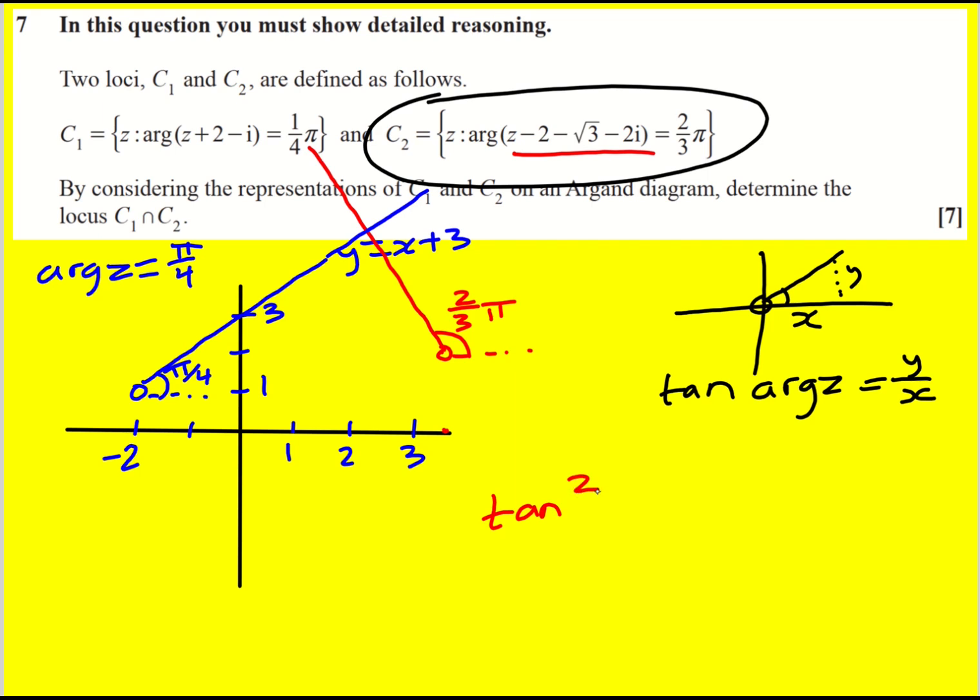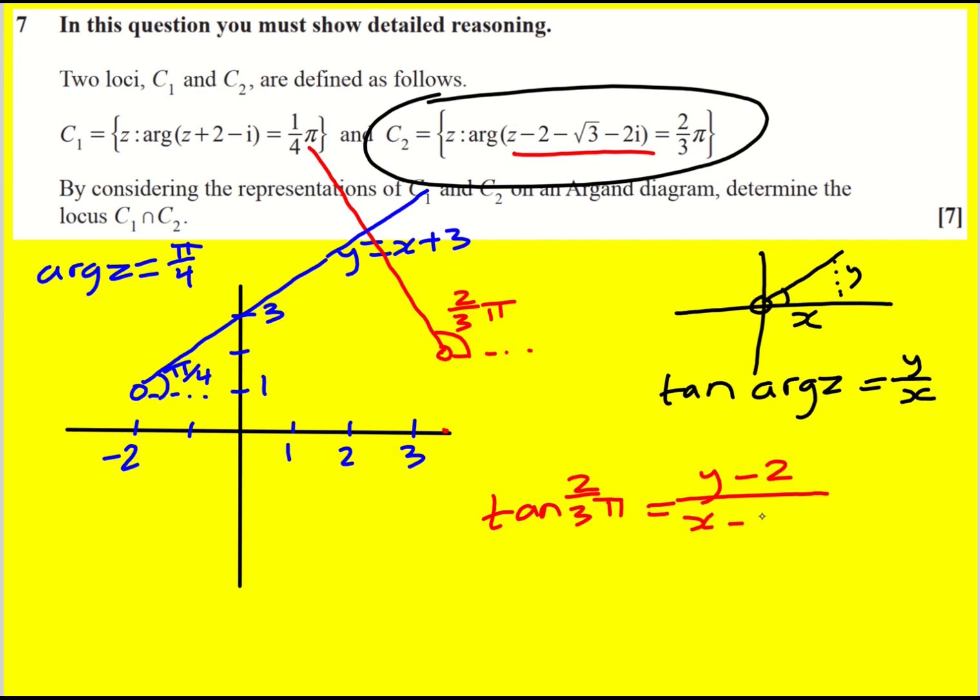So tan of 2/3 pi is going to equal my y component, which in this case is actually y minus 2, because I've got my y here, but then I've got an additional minus 2i coming from the z, I should say.